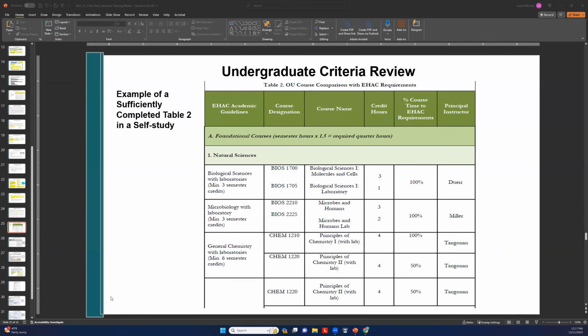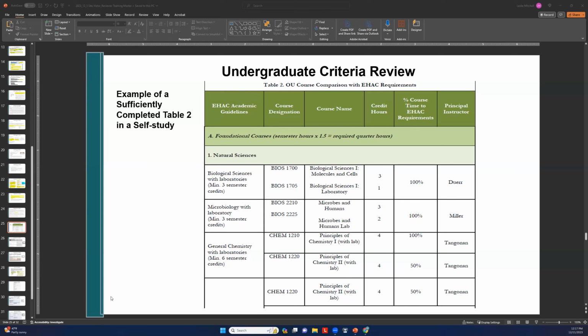Oh, and this is an example of a completed table 2. Notice how across the top you have EHAC accreditation criteria. You have course designation, course name, credit hours, then the percent of the course that goes towards the EHAC requirements, and then who is the instructor.